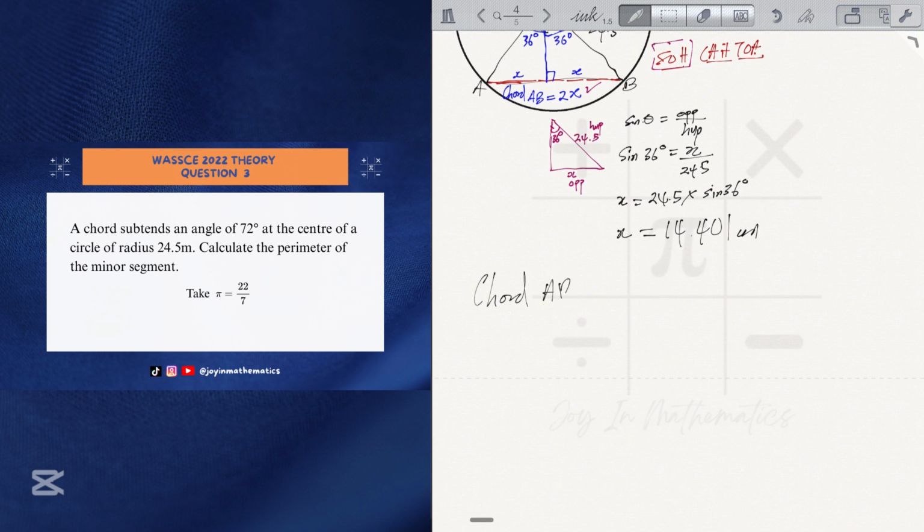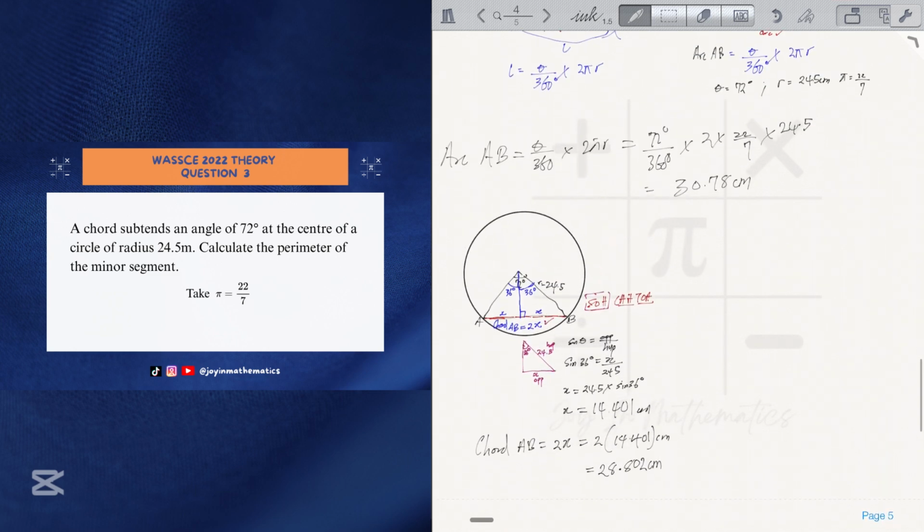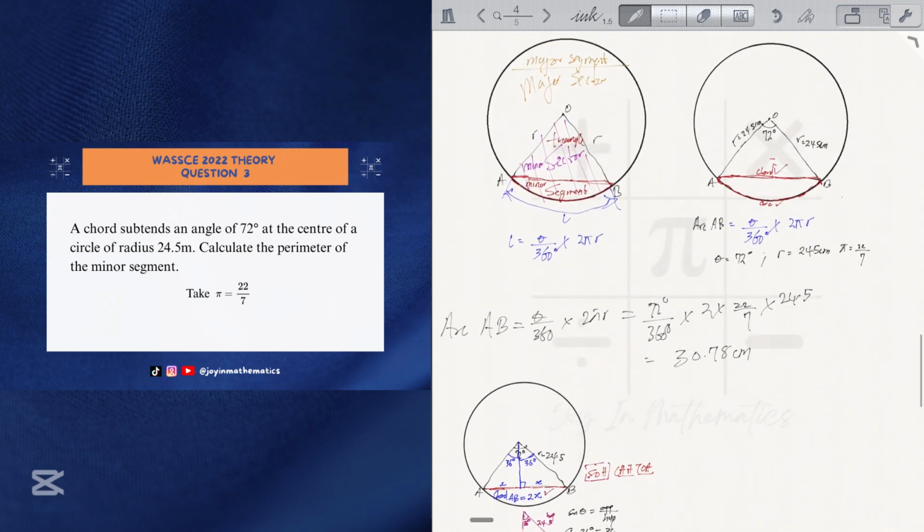Chord AB equals 2x, so that is 2 multiplied by 14.401, and this will be equal to 28.802 centimeters.